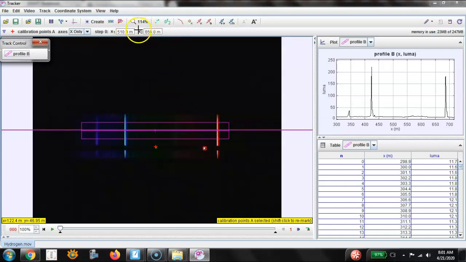And the red one is at 650 nanometers. That calibrates our spectrum. That helps tracker to know what is the wavelength of this red line, what's the wavelength of this blue line, because we have standards right there. So once you follow all those instructions, you will get a beautiful plot of the spectrum. Look here, those three lines, three peaks, and you will also get a nice table. Your job is to identify the wavelength of each.